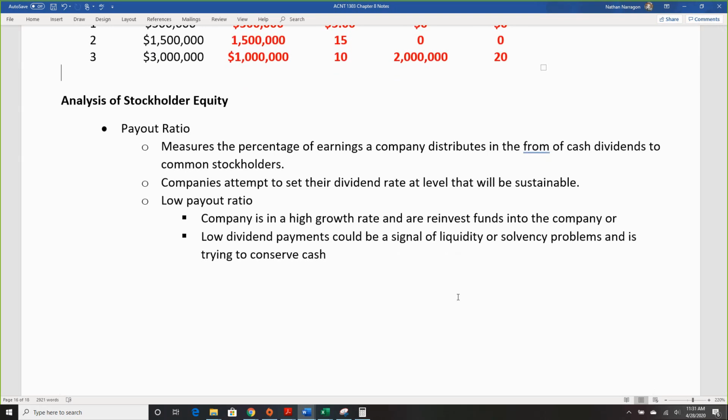It's going to measure the percentage of earnings a company distributes in the form of cash dividends to common stockholders. Companies are always going to attempt to set their dividend rates at a level that will be sustainable, basically to keep your people investing into your company and their return on equity, what they really care about.